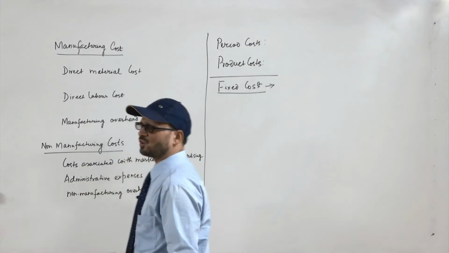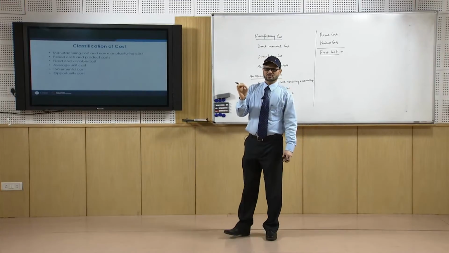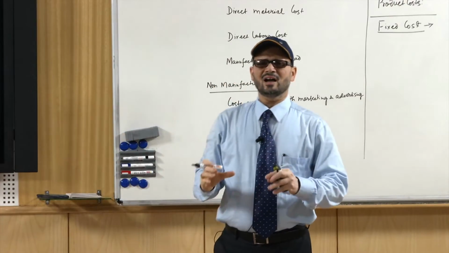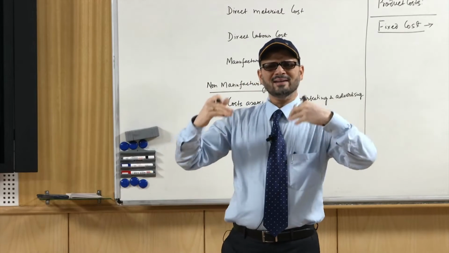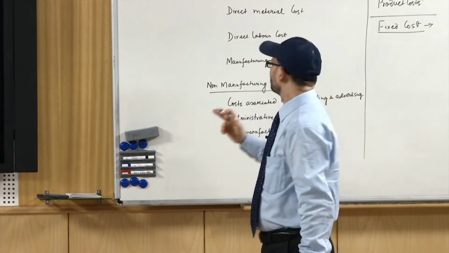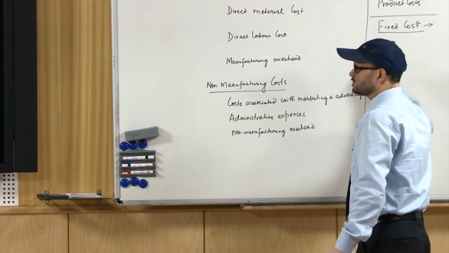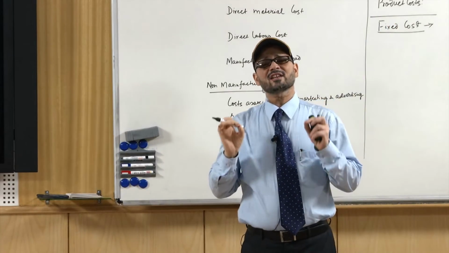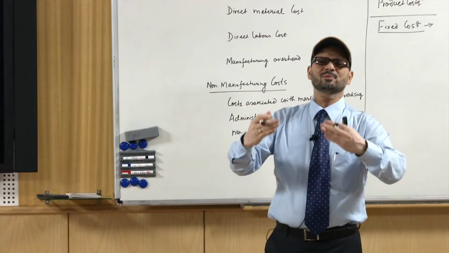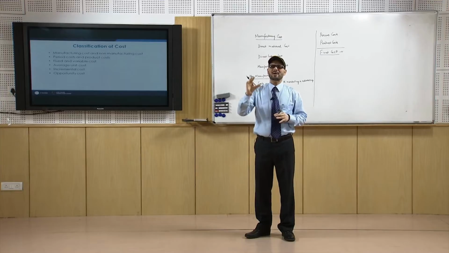Now, this fixed cost is that type of cost which remains fixed. When we define a certain production capacity, for that particular capacity this cost remains fixed irrespective of how many units of product are being produced up to its capacity.